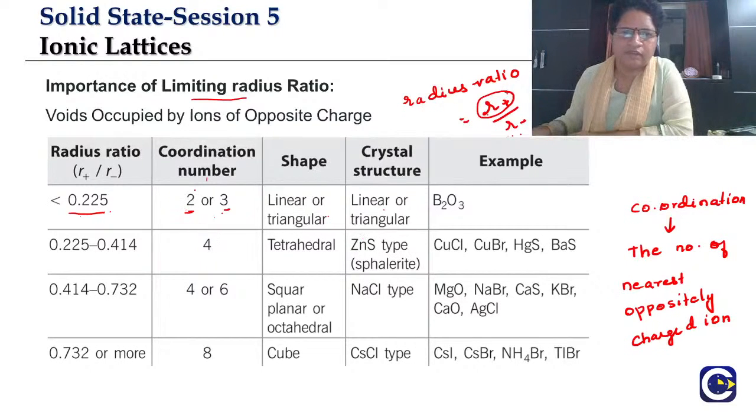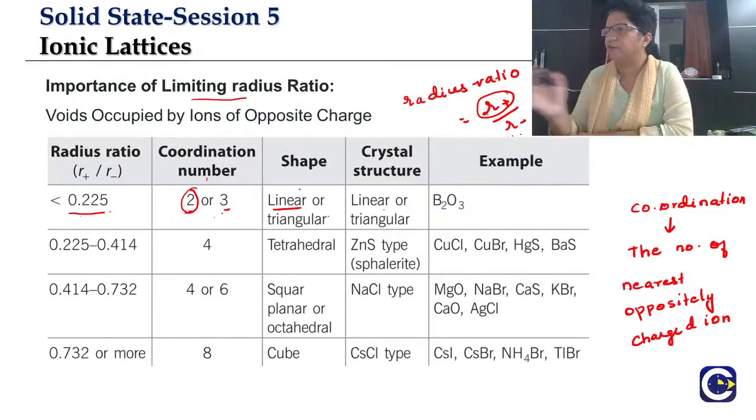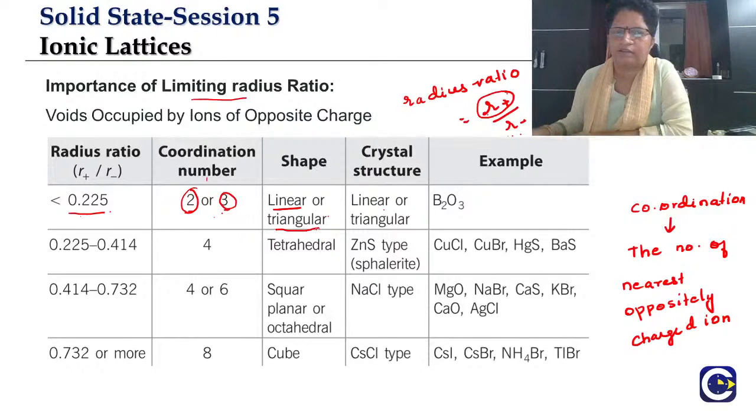In case the coordination number is 2, it would have a linear shape; some part of it is related to the chemical bonding of your first year. And if the coordination number is 3, it would be a triangular shape. The example that we can take is boron oxide.